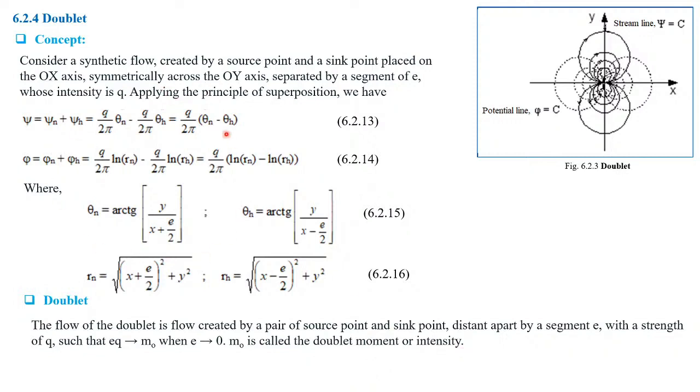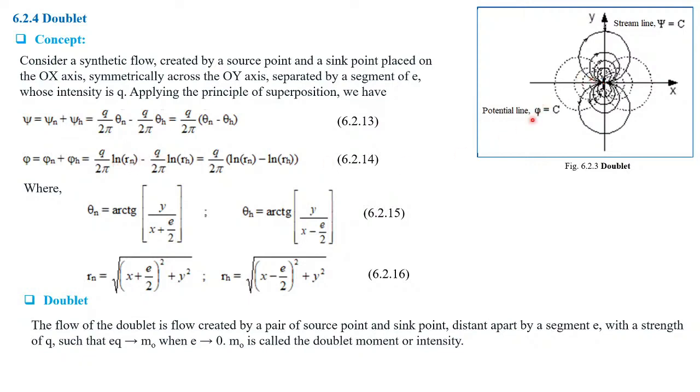Now from this one, the distance from the source to the sink is e. Now you let e approach 0. That means the source and the sink move toward the origin, and that means at point O, at the origin, we have two kinds of flow.